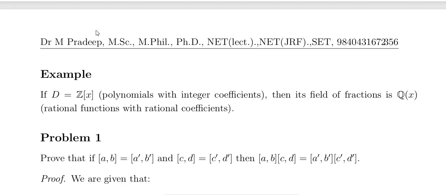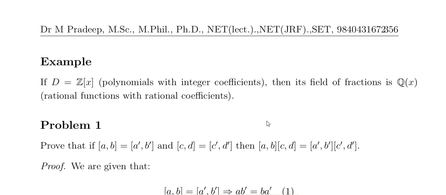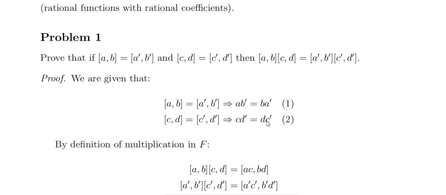For example, Z of x is the polynomial ring with integer coefficients, and its field of fractions is Q of x, the rational functions, that is, with rational coefficients, is the example. And a comma b is defined like that.